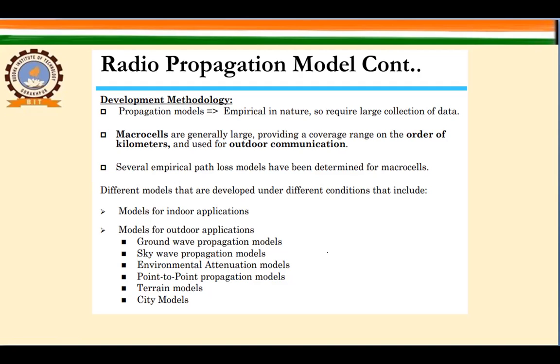Generally, our free space path is divided into hexagons, and the smallest unit is the microcell. They are divided into similar smaller-sized cells. Macrocells are generally large, providing a coverage range on the order of kilometers, and are used for outdoor communications.